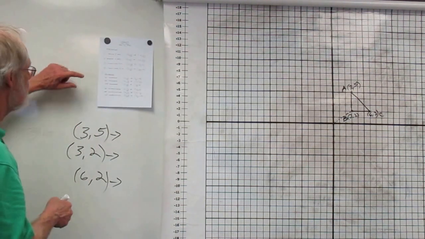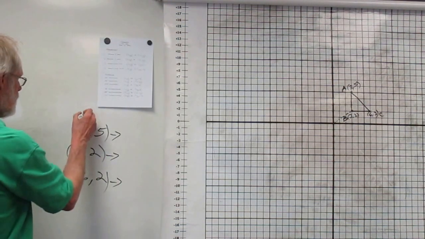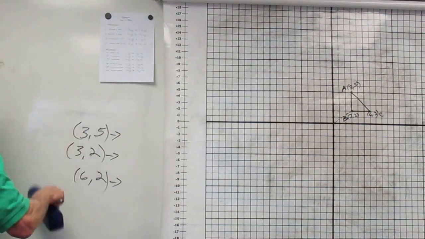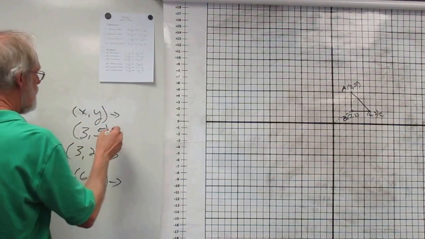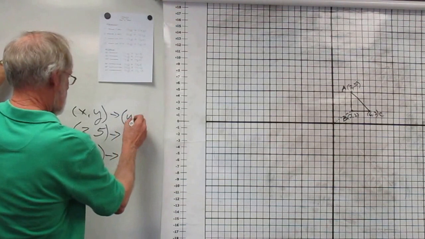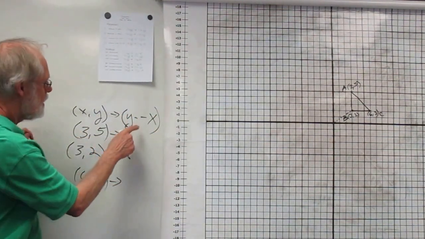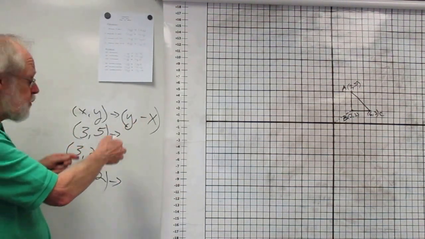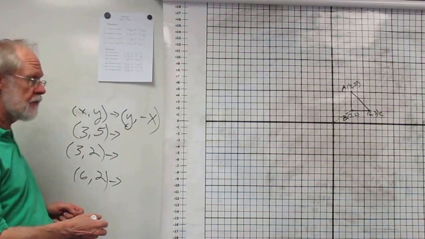Now I'm going to start with a 90-degree clockwise rotation, which says (x, y) becomes (y, negative x). I hope you can see that all right. That's a comma there, supposed to be. All right, so I'm going to take each of these points, I've lined them up like this, and figure out what each one is going to become.